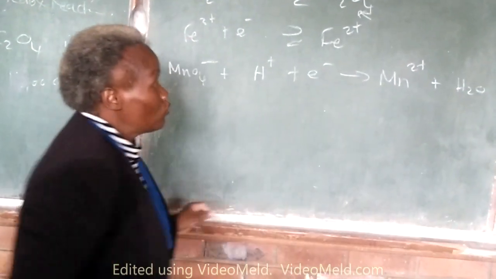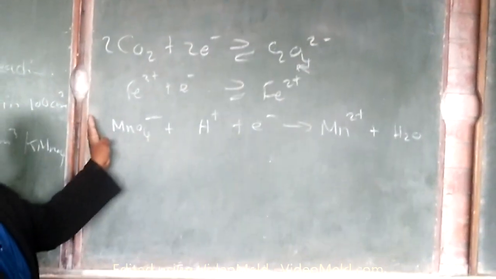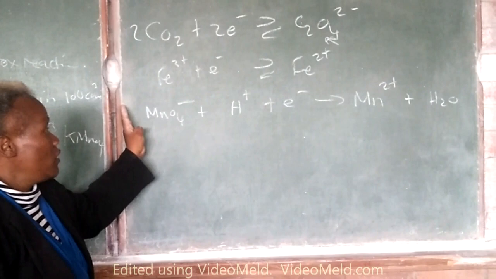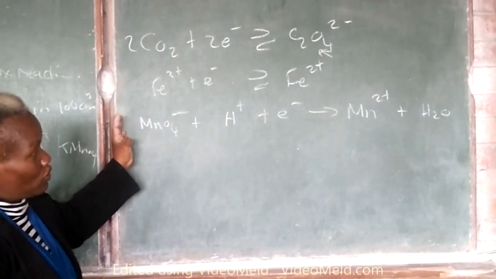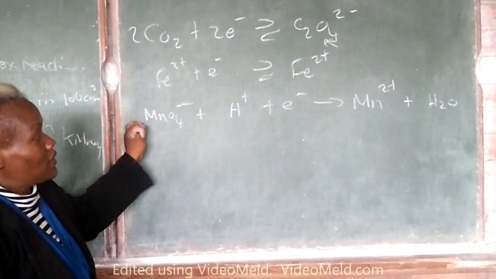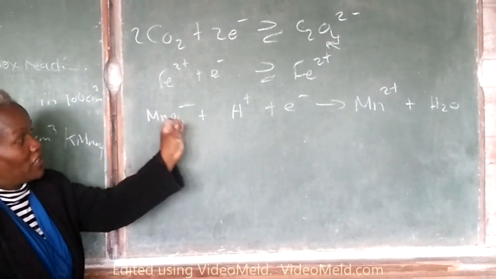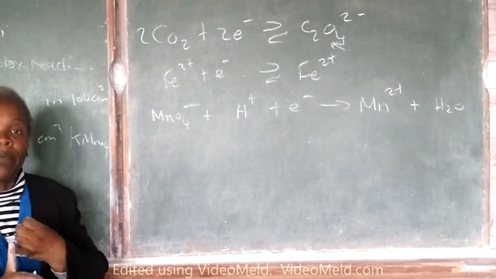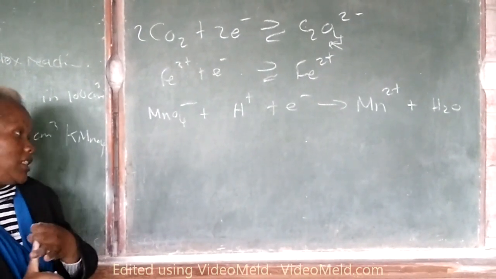So let's use this one to construct this half equation from nowhere. Suppose we're not given. Let's balance the half equation in terms of atoms, and we must also check to see if the equation is balanced in terms of charges.